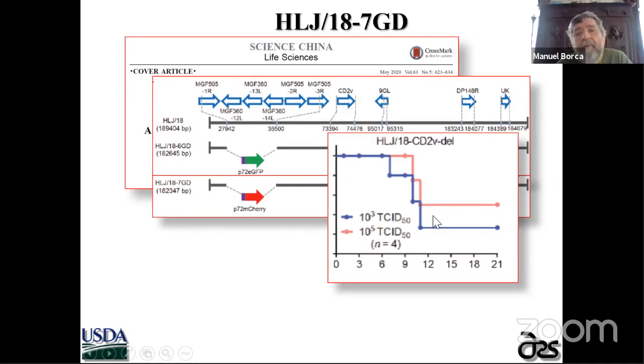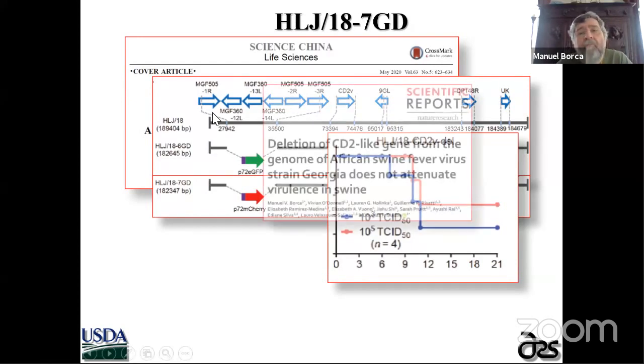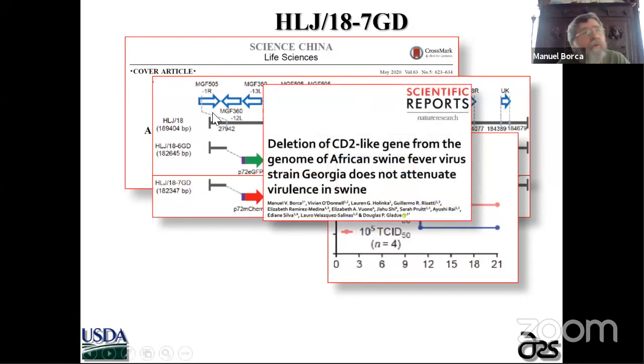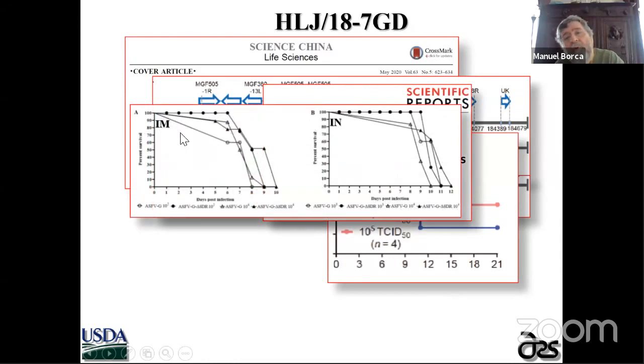Some of the animals survive, and this lack of effectiveness of deleting CD2 as a method for producing attenuation concurs with the data that we produced in Georgia virus, where we showed that by different routes and different doses, the deletion of CD2 doesn't alter at all the virulence of the Georgia virus.